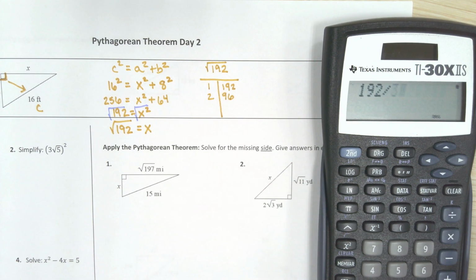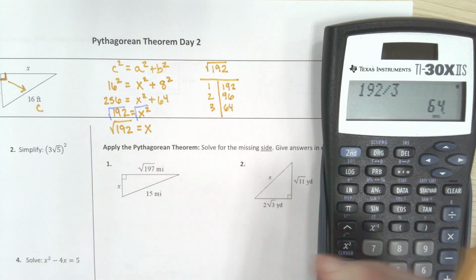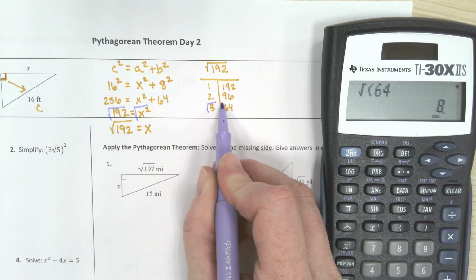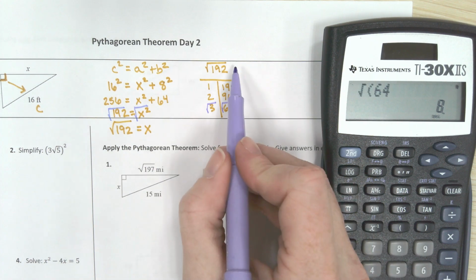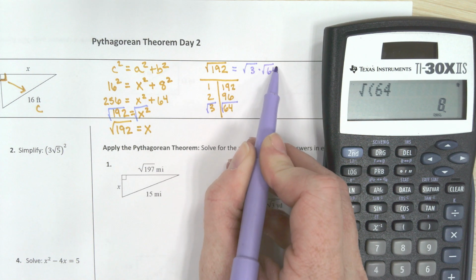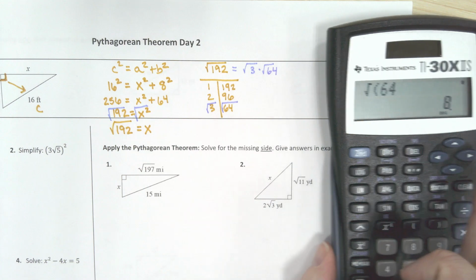If I do 192 divided by 3, I get 64, and that's going to help because 64 is a perfect square. So that means I can think about this as not root 192, but as the square root of 3 times the square root of 64. My calculator tells me that root 64 equals 8.